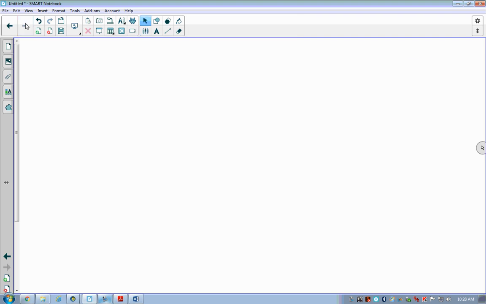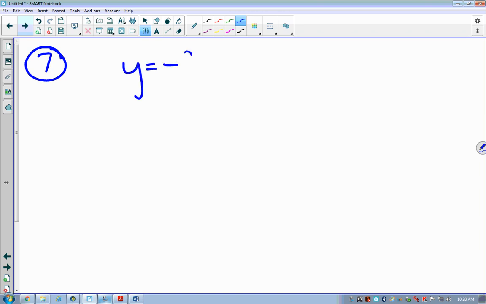Let's see, number 7. All right, identify the slope and the y-intercept of the line with the equation y equals negative 3/5 x minus 3. Okay? The slope. What is the slope?